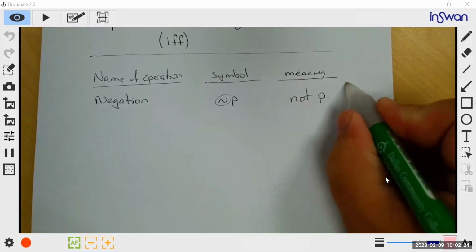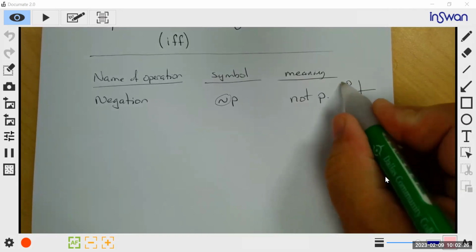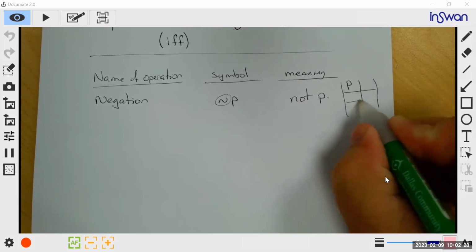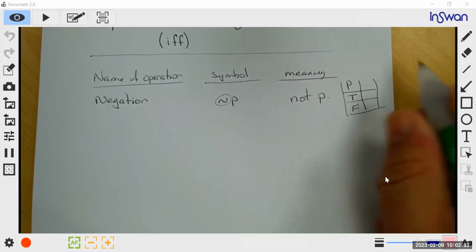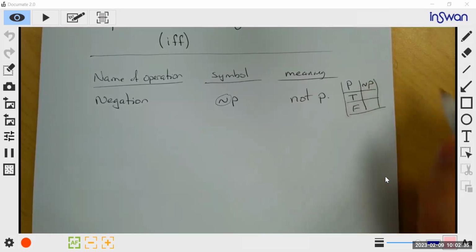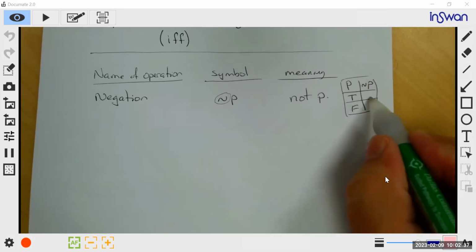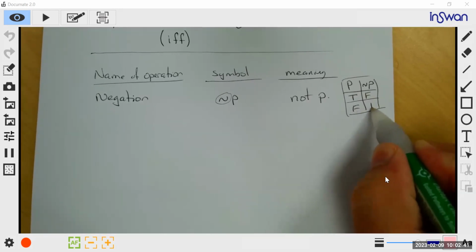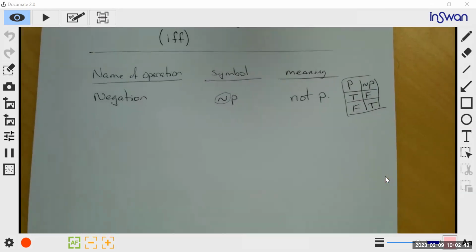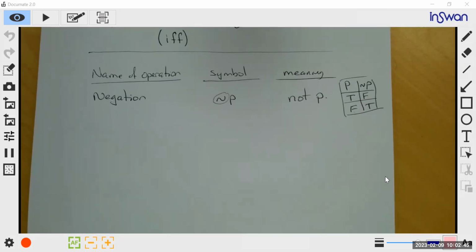So if we had a truth table, if P was true and false, what would not P be? False. And this one would be true. Yeah, so it's just the opposite truth symbol.